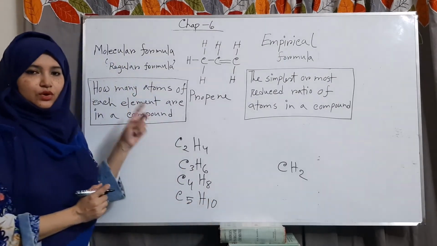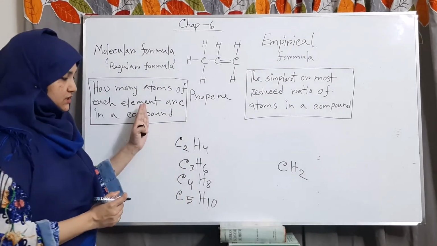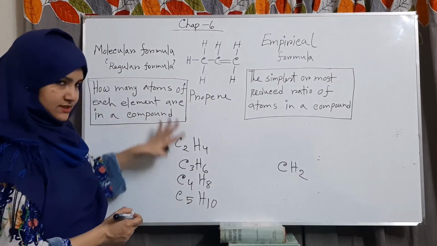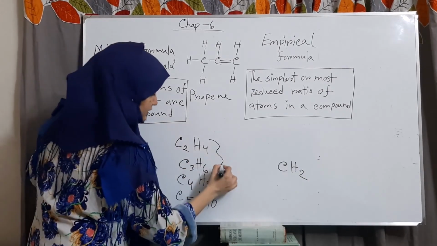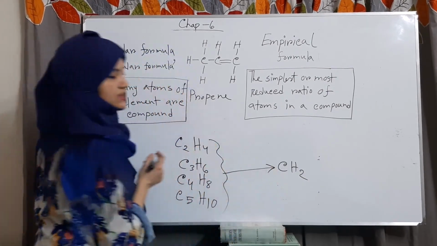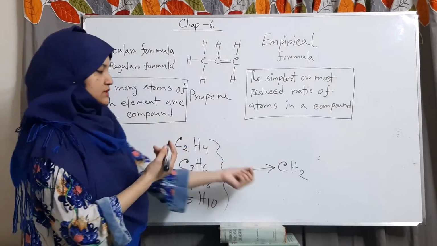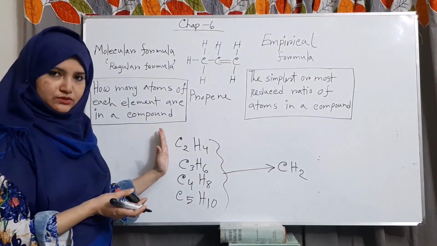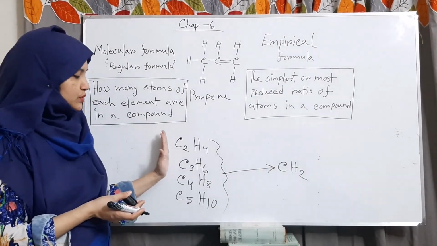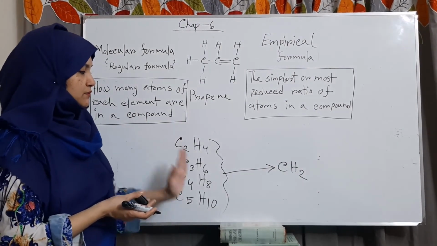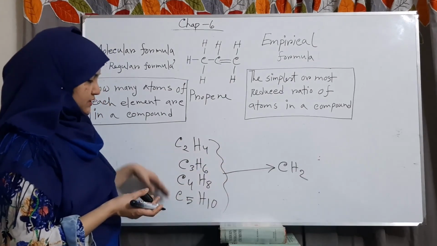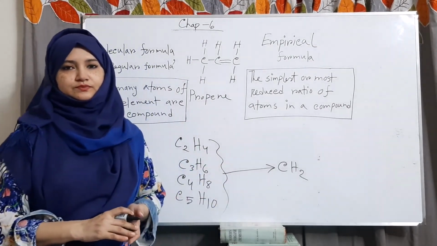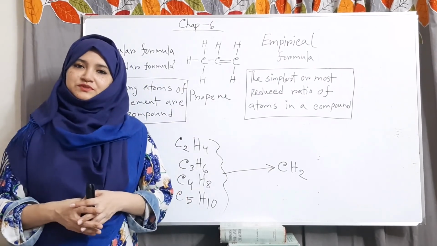C5H10, this is pentene. These are all organic compounds. For these compounds, the empirical formula is the same, CH2. That means they are different molecules, different compounds with different molecular formulas, but for all of these compounds, the empirical formula is CH2. That's all for today, students.